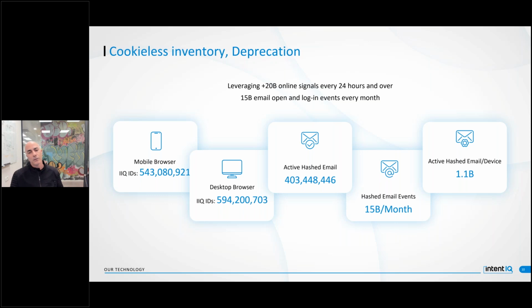IntentIQ knows how to join them together, even those third-party cookies being deleted, and look at them as a single entity and not just counting billions of them. So deterministic layer of 403 million hashed email, 15 billion events, and the combination of 1.1 billion hashed email to device.